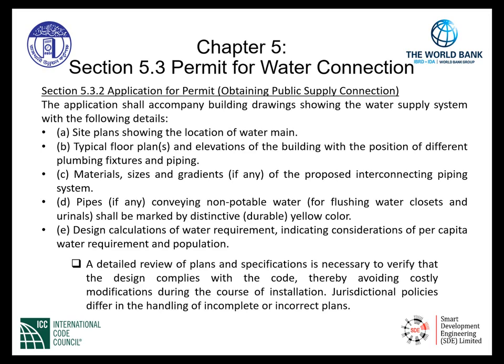We will take a closer look at this coming up. Item D, pipes, if any, conveying non-potable water for flushing water closets and urinals shall be marked by distinctive, durable yellow color. This is denoted on the drawings for this non-potable water.